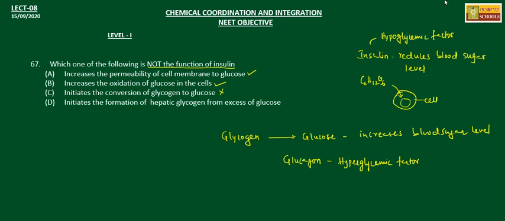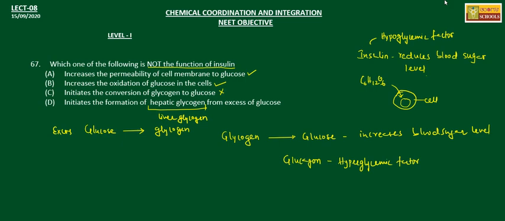Then the last one: initiates the formation of hepatic glycogen from excess glucose. The excess glucose is converted to glycogen and stored in the liver. That is called hepatic glycogen, which is liver glycogen, right?